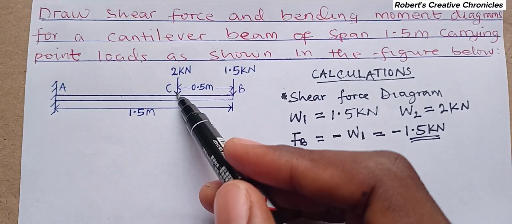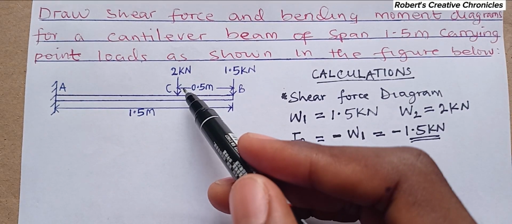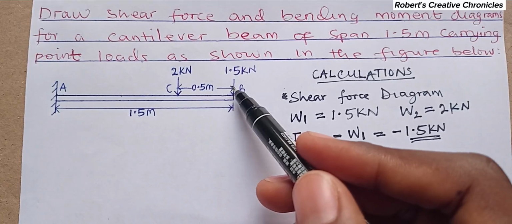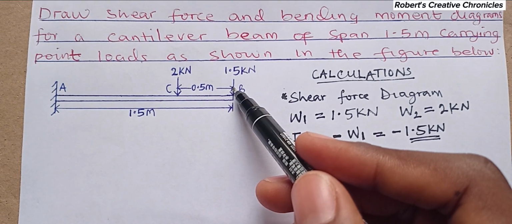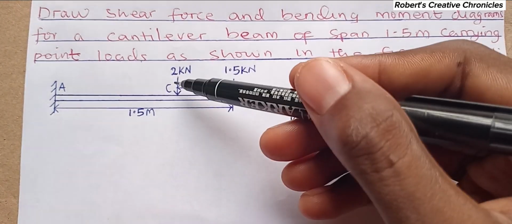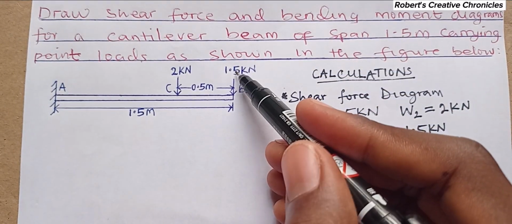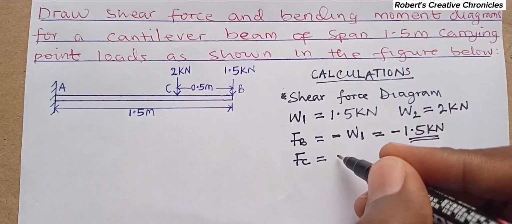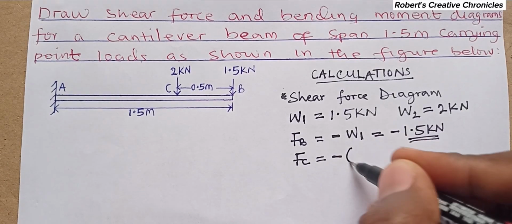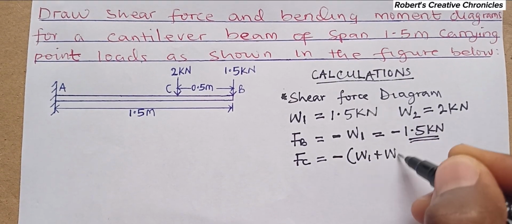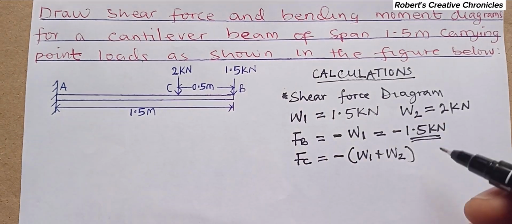So at this point will be the addition of this force and any other force before it. So this 1.5 is before this 2 kilonewton. So it is given by negative W1 plus W2. If there were a third one, plus W3.